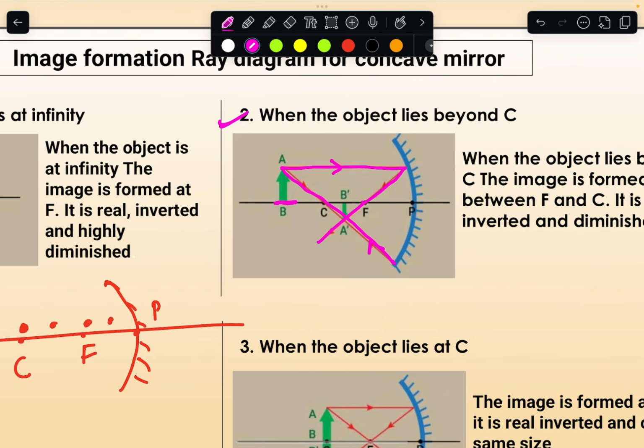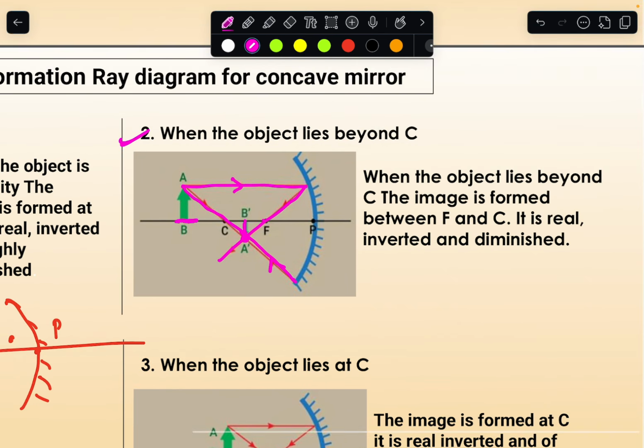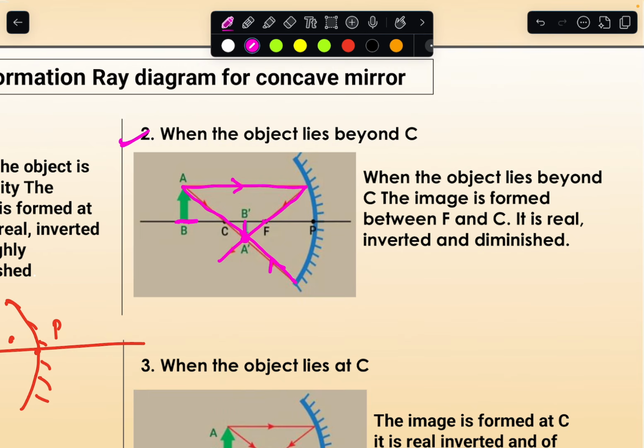Here we have to see their intersection. Intersection is coming between C and F. And the size is getting decreased, which means the size of image is less than the size of object, which means smaller. A smaller image is called diminished. So whenever the object lies beyond C, the image is going to form between C and F. It will be a real image, it will be inverted, and the size will be diminished.